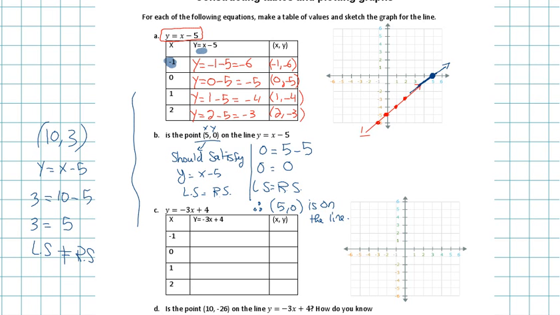Now, look here. I got left side equals right side. That means the point is on the line. Okay? If you get that the left side is not equal to the right side, then the point is not on the line. Are we okay with this?